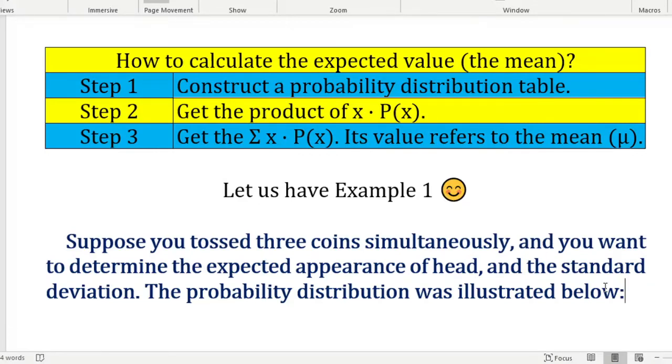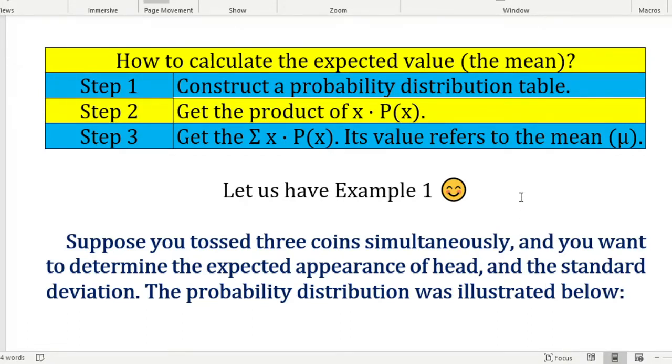Second is to get the product of the possible value and its corresponding probability. And last, we get the sum of those products, and we now have the mean of our discrete random variable. Let us have example 1.